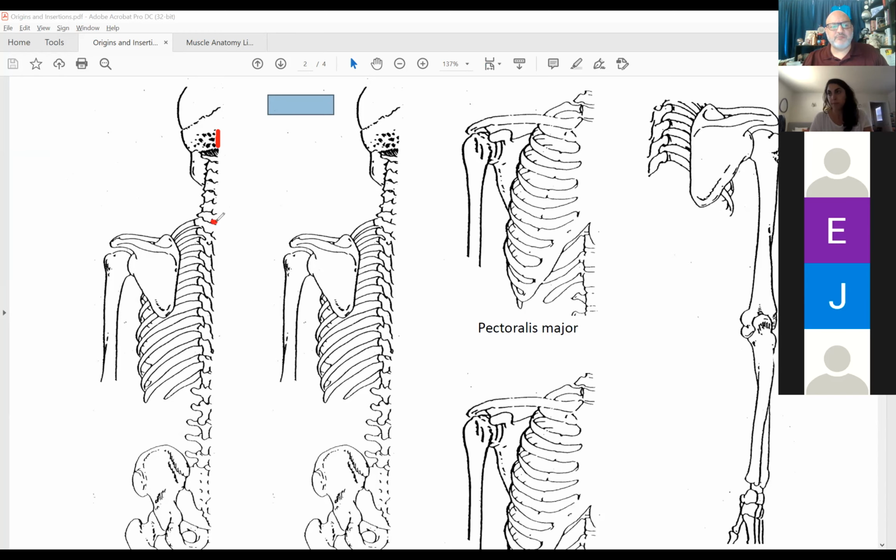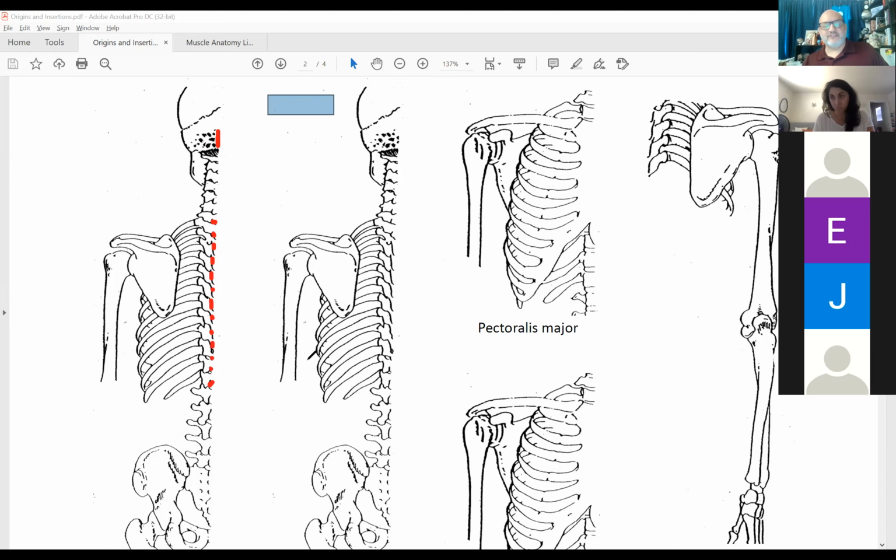So when we're talking about the bony features, it's that occipital bone, again, that external occipital protuberance that we've talked about, the spinous process of C7, that vertebral prominence we've seen, and then 2, 3, 4, 5, 6, 7, 8, 9, 10, 11, and 12.